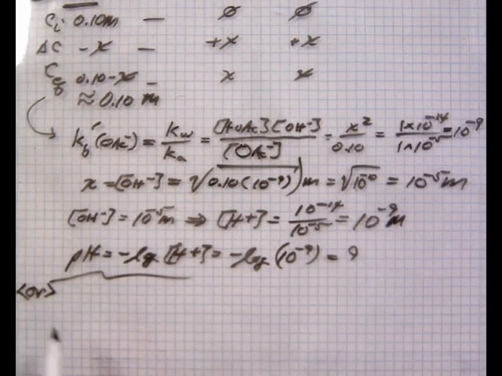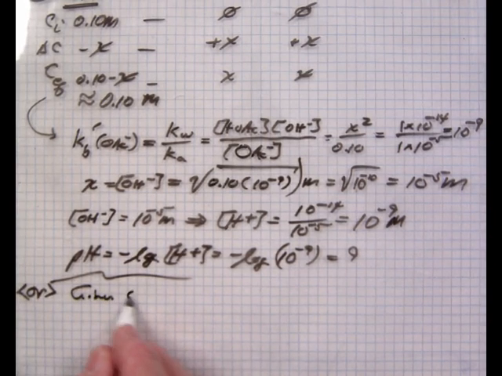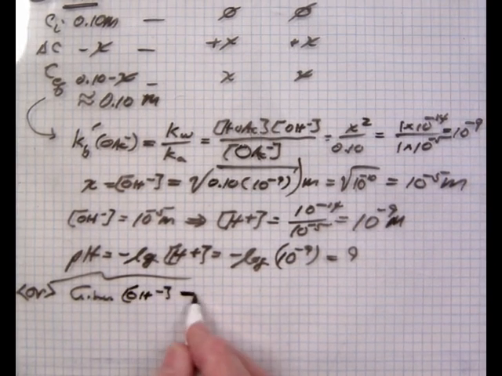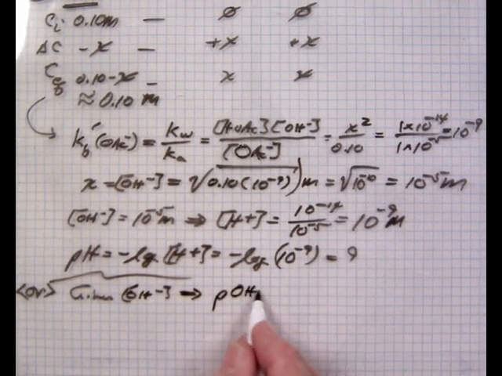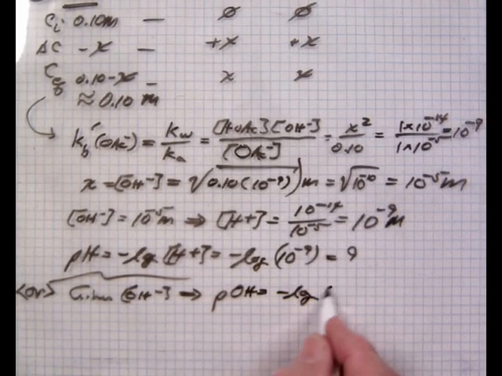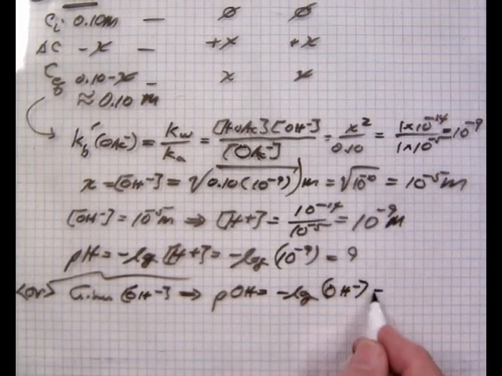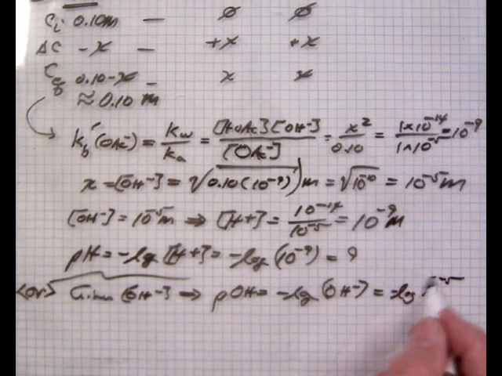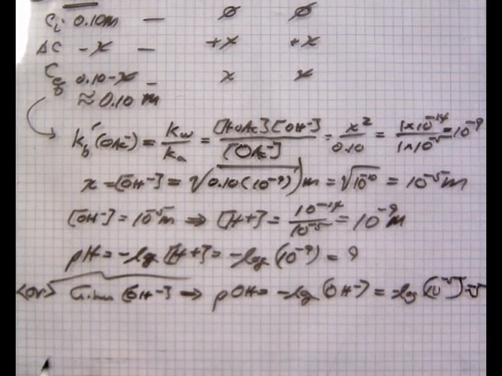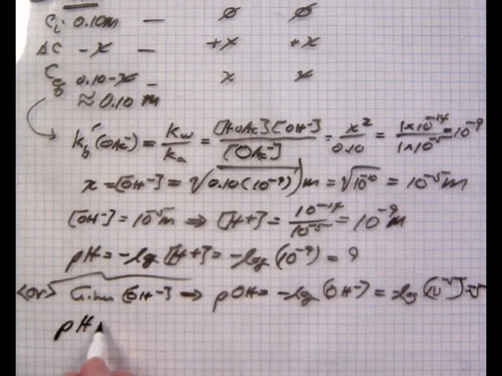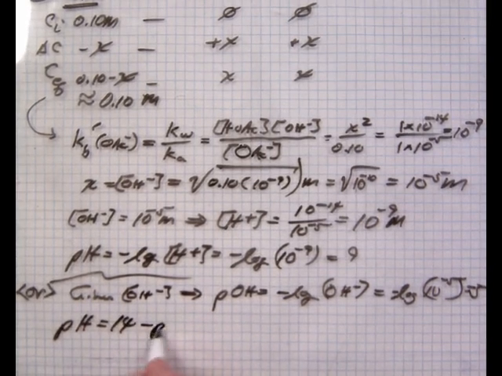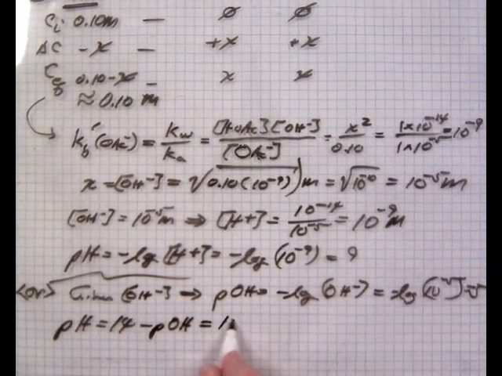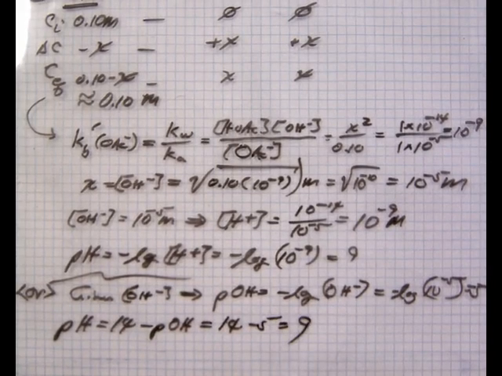Or, given your hydroxide, you can get your pOH to equal minus log of the hydroxide concentration, which is equal to minus log of 10 to the minus 5, which equals 5. And the pH is equal to 14 minus pOH, which is equal to 14 minus 5, which is 9 again.